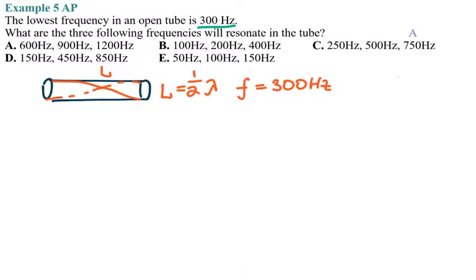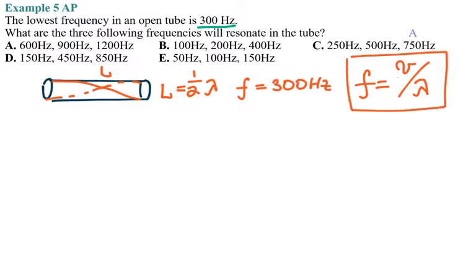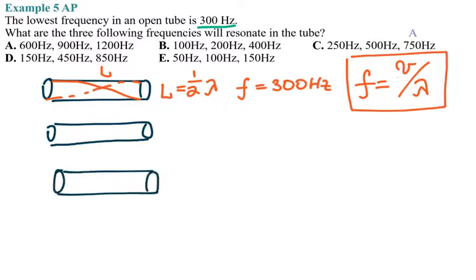So let's look at the relationship between them. I know the velocity is equal to, they talk about the frequencies. The frequency is equal to velocity over the wavelength. So for the next three, right? Yeah, 3 lowest. So for the next one again, I'm going to have this one, and the next one is this one.